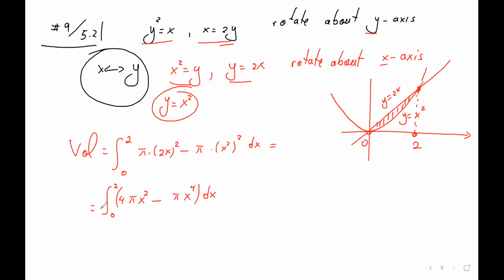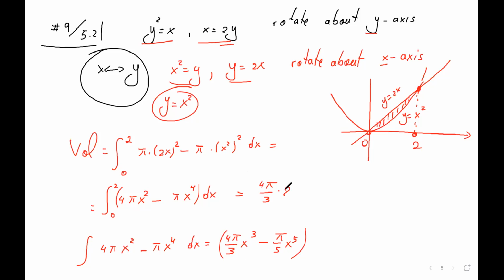The second thing that I want to say here, well, the antiderivative, again very quickly, of 4 pi x squared minus pi x to the 4 is going to be 4 pi over 3 x cubed minus pi over 5 x to the 5th. Substituting here, 0 is going to give you 0, so I only have to worry about 2: 4 pi over 3 times 8 minus pi over 5 times 2 to the 5th, which is 32.